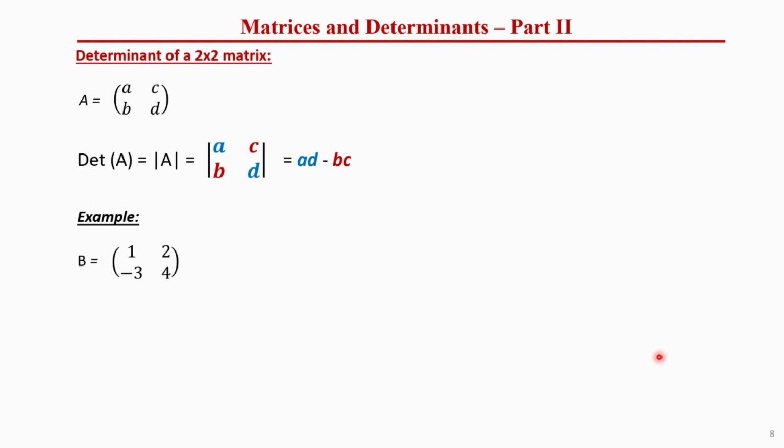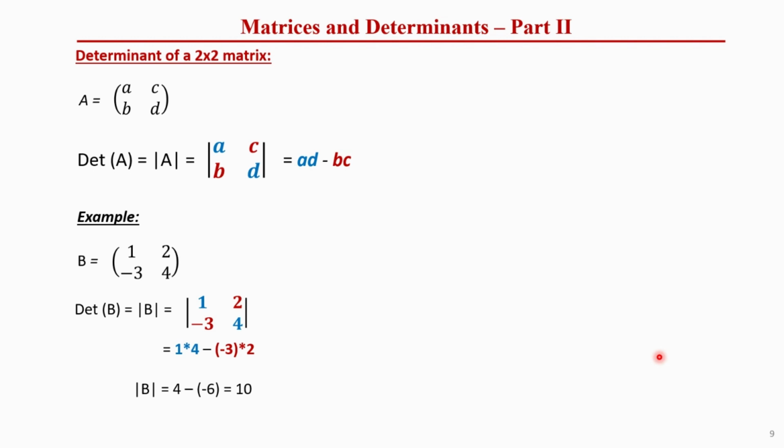So we have here a 2 by 2 matrix B with elements 1, 2, negative 3, and 4. To find the determinant for matrix B, we can cross multiply the elements starting from the top left and then subtract the products.